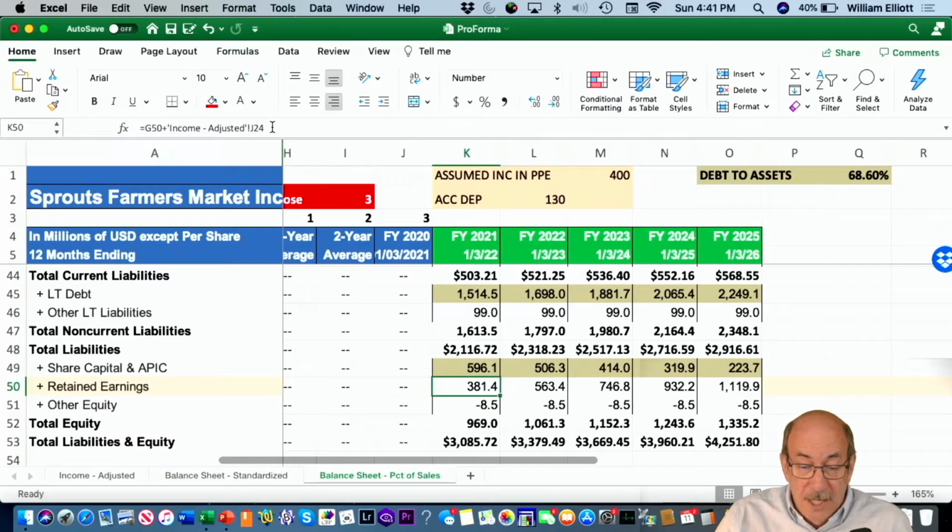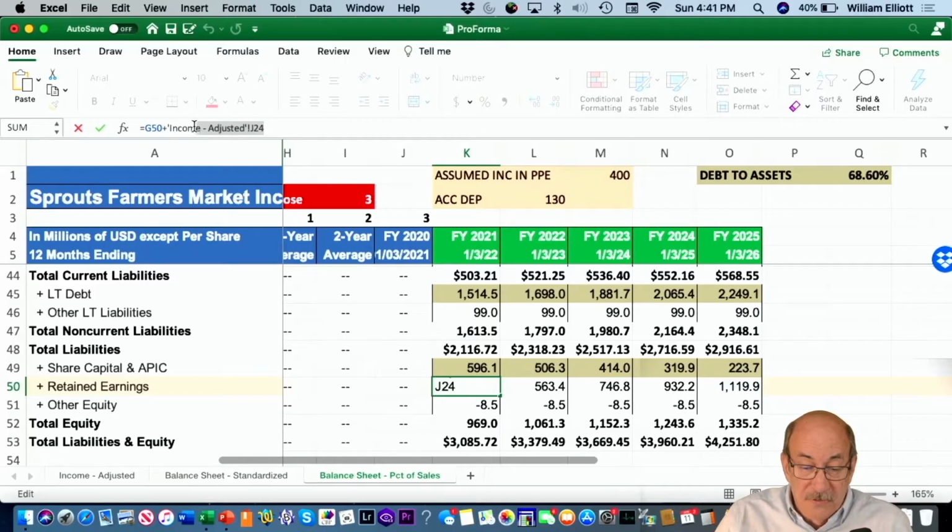And notice that the retained earnings comes from the income statement, cell J24, which is net income. And since we don't pay out any dividends, the entire amount comes over to become part of the retained earnings on the balance sheet. And I'm adding that to my prior balance, which in this case is in cell G50.